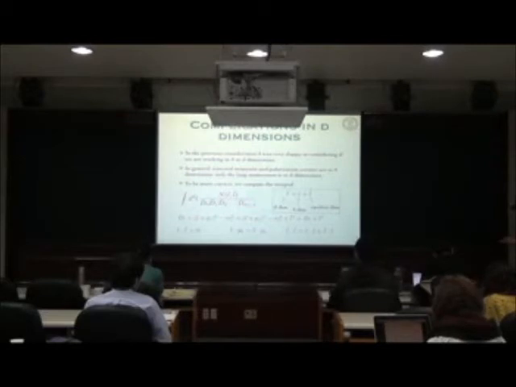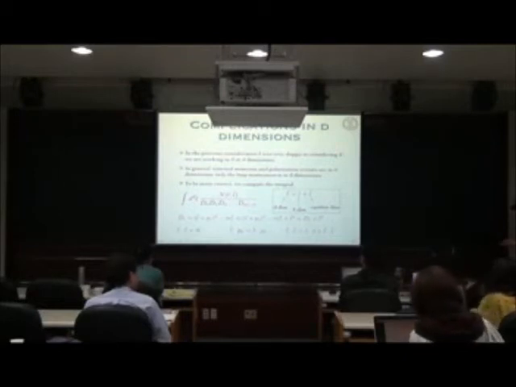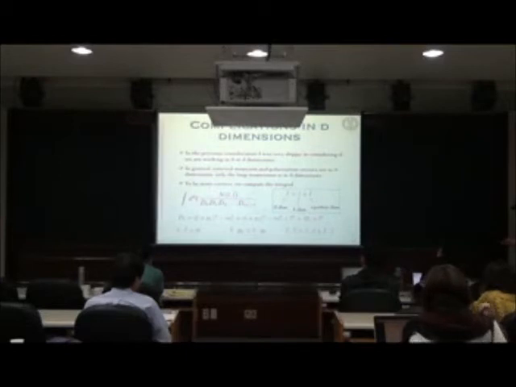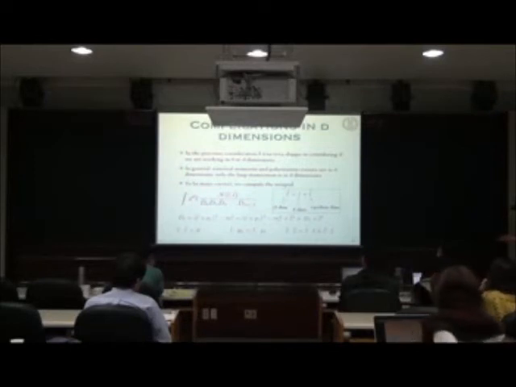Because a D-dimensional object dotted with a four-dimensional object is just the four-dimensional part. So L bar squared is L squared plus L tilde squared. So D bar is just D plus L tilde squared. Right?